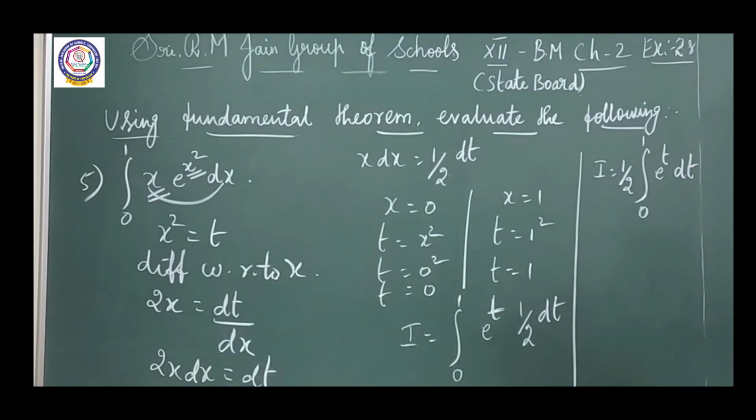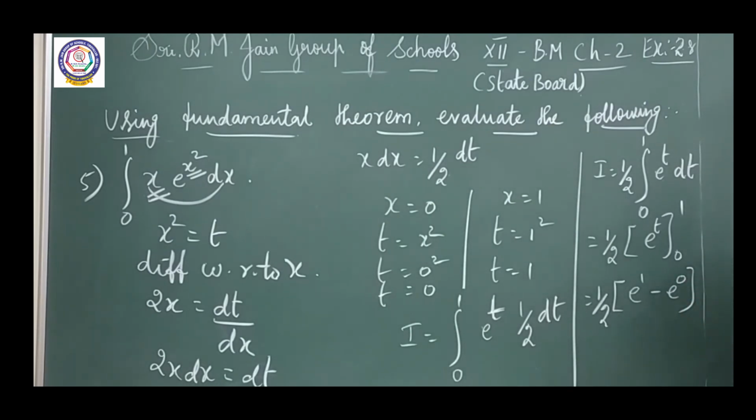What is the formula for integral e power x dx? E power x. So, it gives 1 by 2 into e power t, limit 0 to 1. It gives 1 by 2 into upper limit, e power 1, minus lower limit, e power 0.